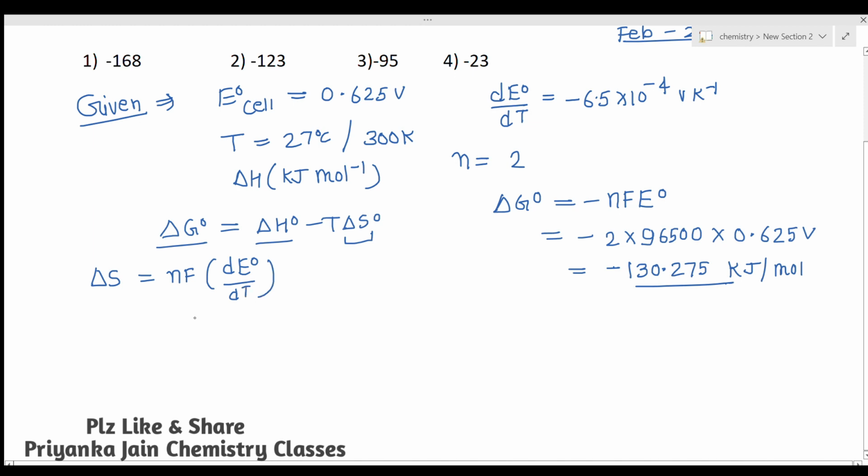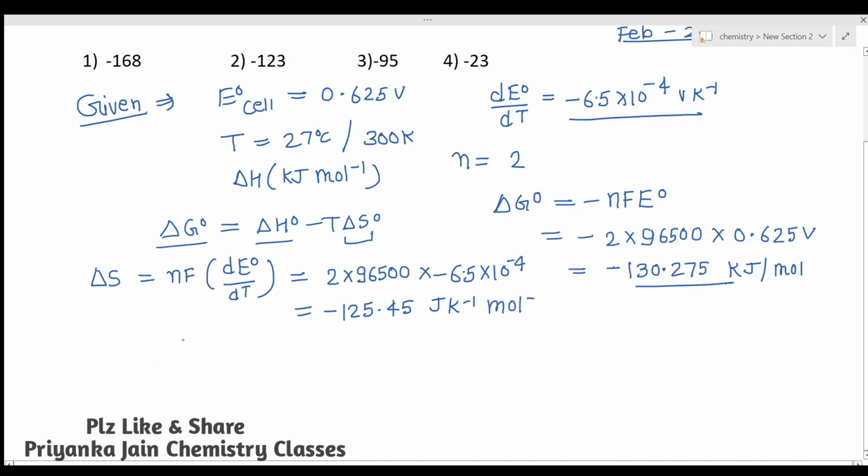In this equation you can put in the values: n is 2, then 96500, into minus 6.5 into 10 to the power minus 4 volts per Kelvin. When you are solving the question, you should always write down the units. This value comes in joules per Kelvin per mole.